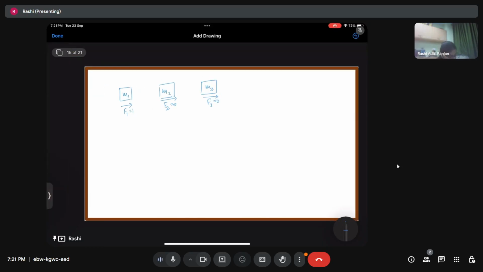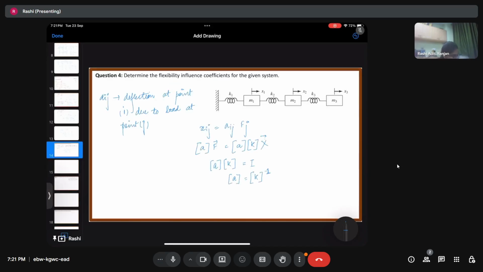See, look over here. From here we can see, right? From here we can see. A is what? Deflection, right? So deflection can be multiplied with K in order to get the force.